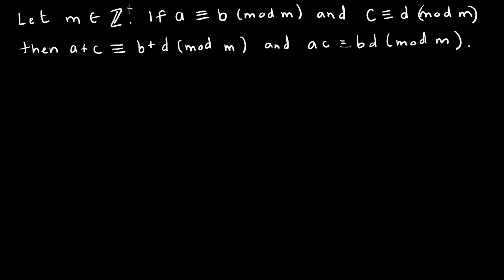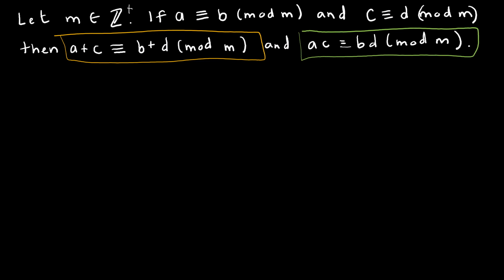But there's two parts. I have to prove that this is true, and I have to prove that this is true. So before I prove either of those things, let's give ourselves some assumptions. We're going to assume, and again, if I wrote this as a proposition, it would be if blah, blah, blah, then, and so I'm assuming the if part.